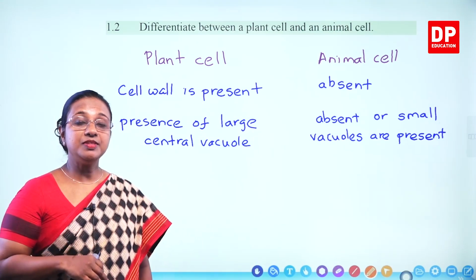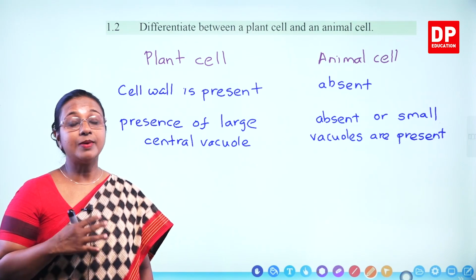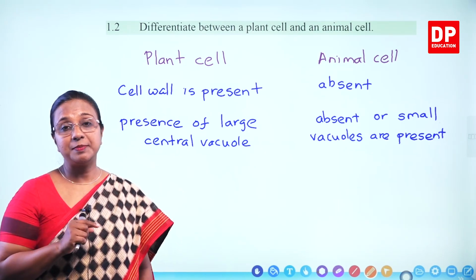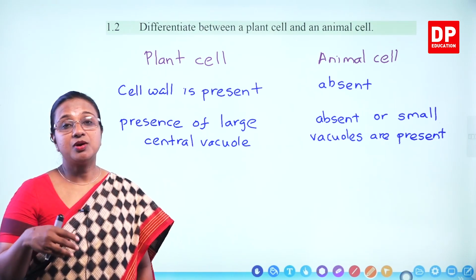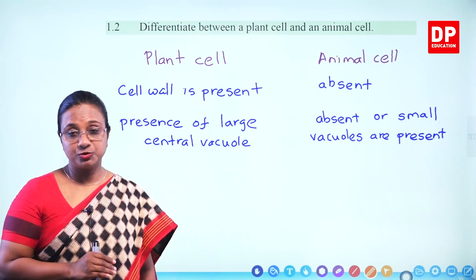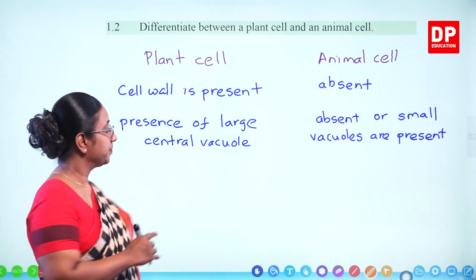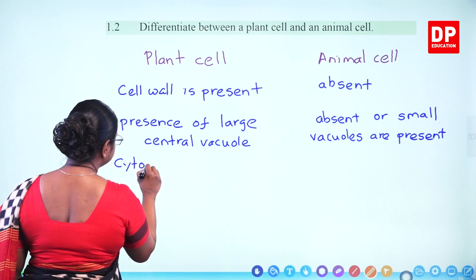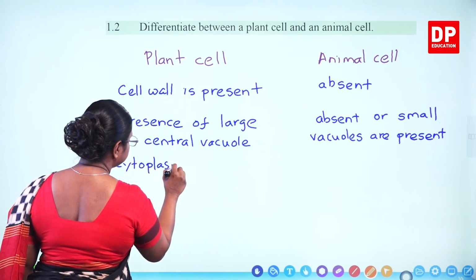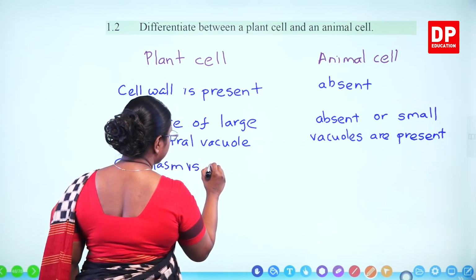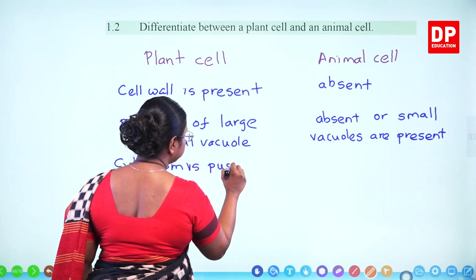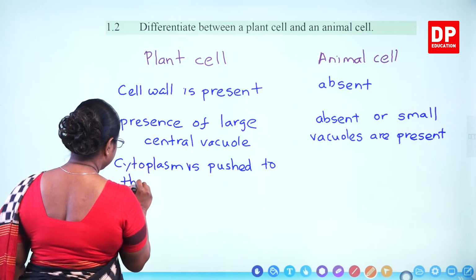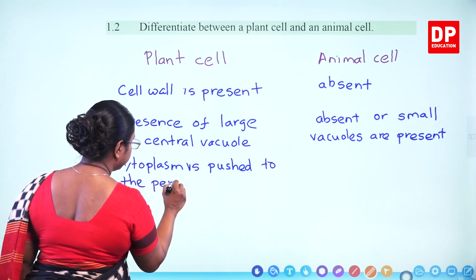So, because of this large central vacuole, what happens in the plant cell? Cytoplasm is towards the periphery and also nucleus is pushed towards the periphery. So, the next one, cytoplasm is pushed to the periphery.